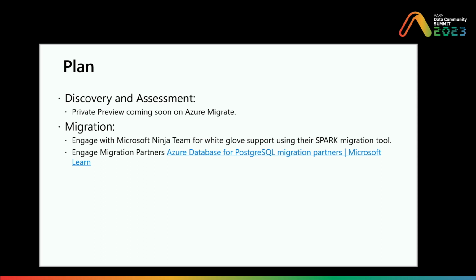But then we have a lot of migration partners who can help right now. Of course, it is at a cost. But we have seen a few enterprise customers in the last 2 months. I worked with 2 customers. They have saved up to 50 to 65% of the cost by moving from Oracle to Postgres.